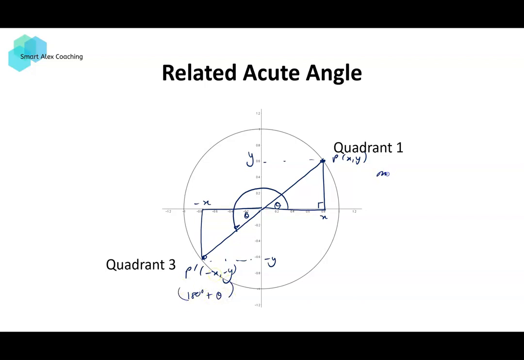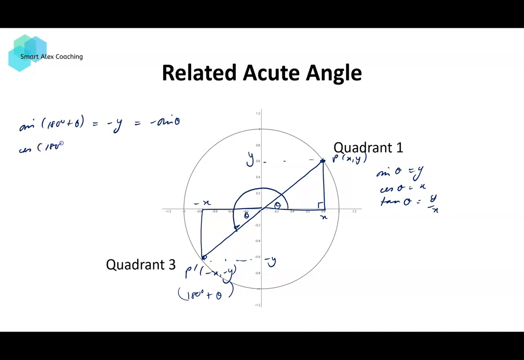At P, again, sine theta is equal to y, cos theta is equal to x, tan theta is equal to y on x. At P dash, what I've got is sine 180 degrees plus theta is equal to minus y, which is minus sine theta.